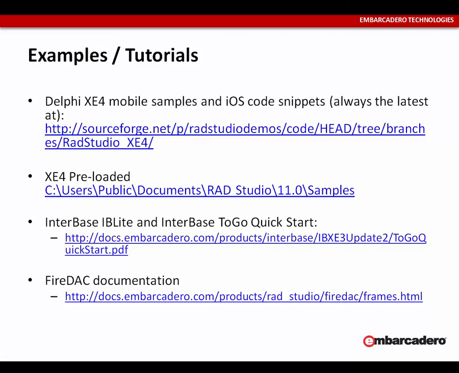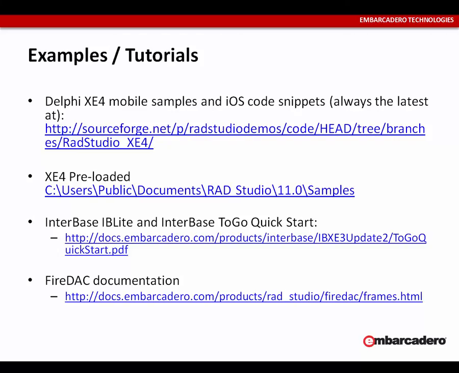Comparing InterBase IBLite, InterBase ToGo, and the InterBase Server Edition is defined in this InterBase IBLite and InterBase ToGo Quick Start document. It defines that the InterBase ToGo edition has two different platforms, ToGo and IBLite. Developers targeting database application deployment to an iOS device can deploy either with a cost option with a ToGo license or a no-cost option using the IBLite edition license.